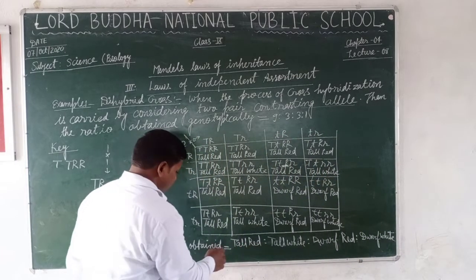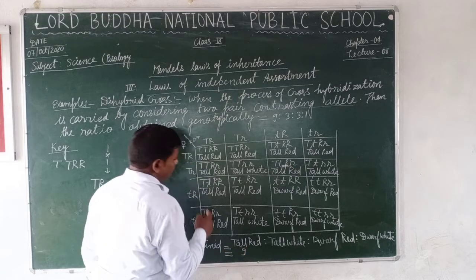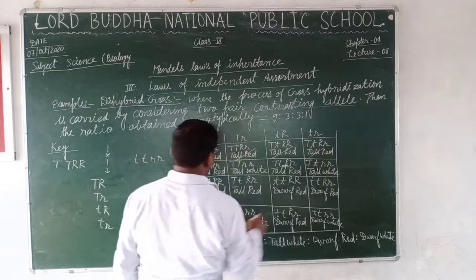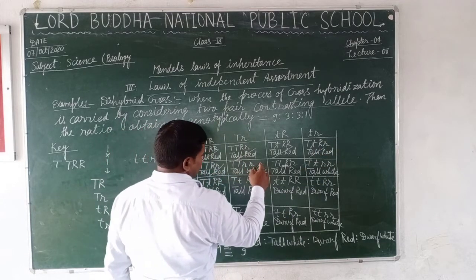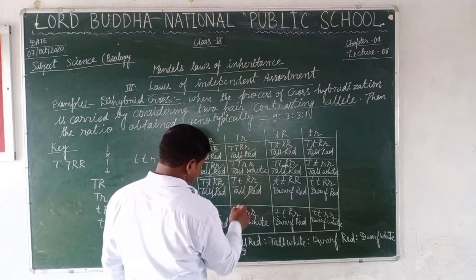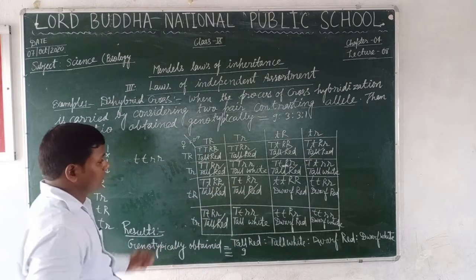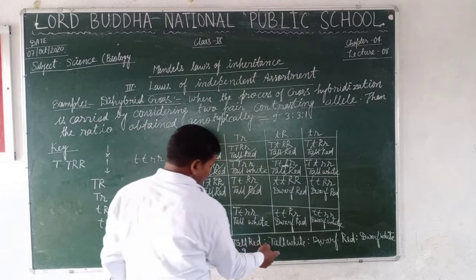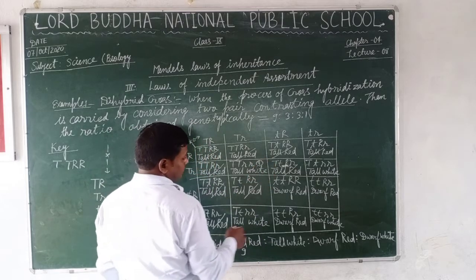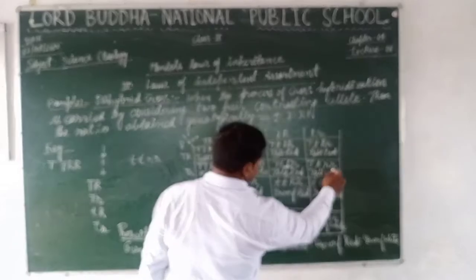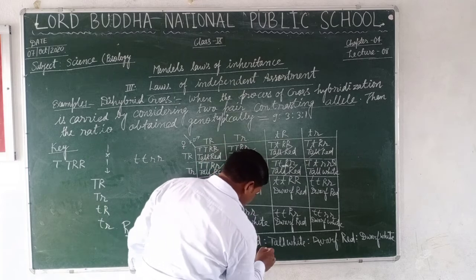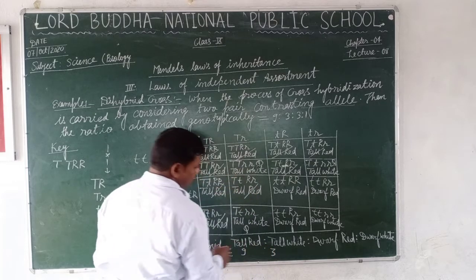Then students, the number of tall red is 1, 2, 3, 4, 5, 6, 7, 8, and this is the 9. Now students, tall white. This is the 1, and here the 2, this is the 3. Ratio 3.